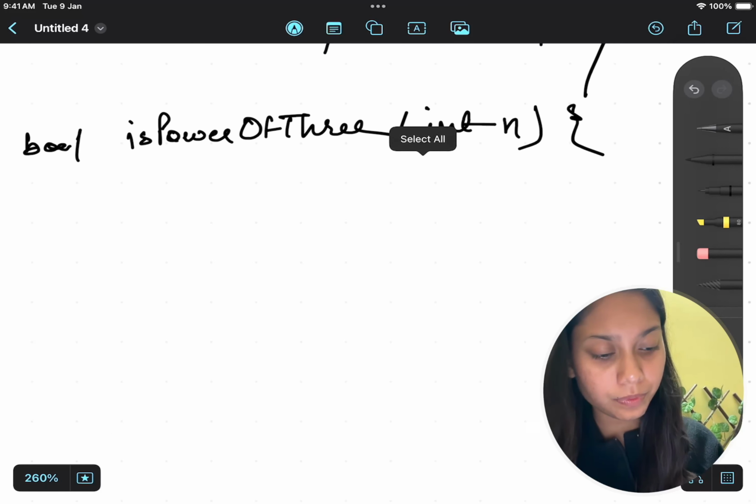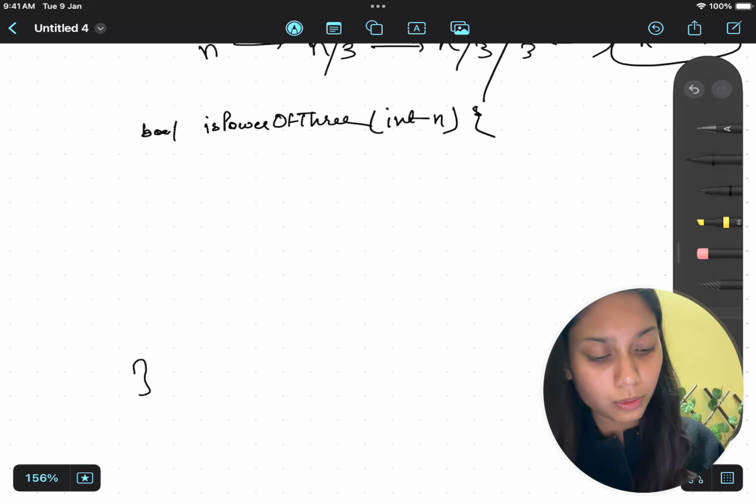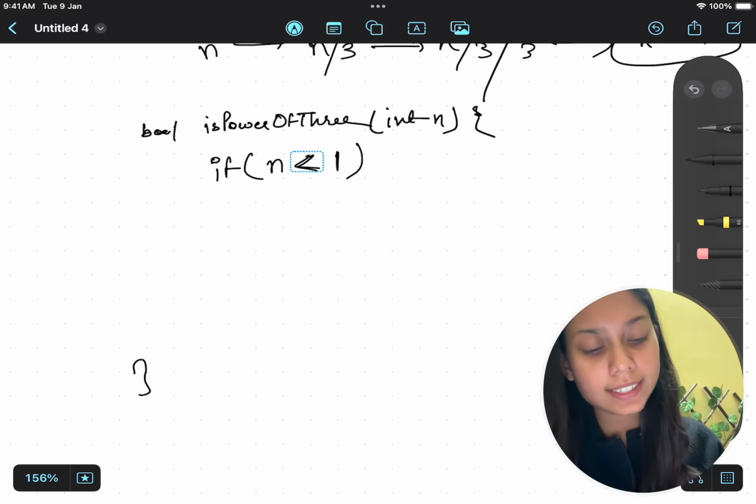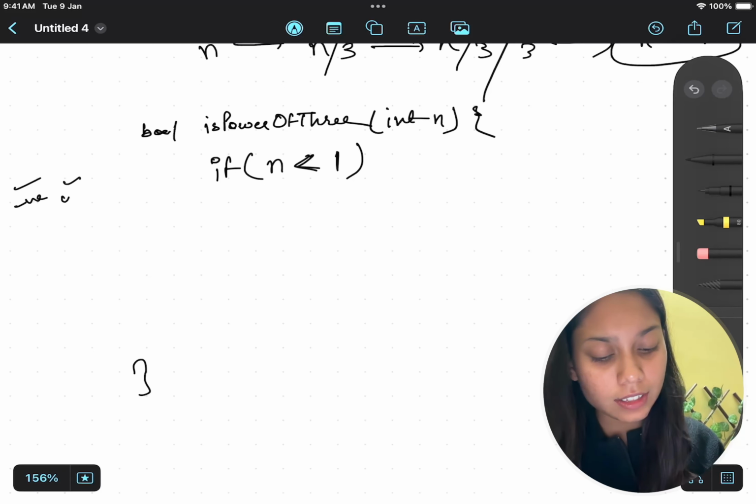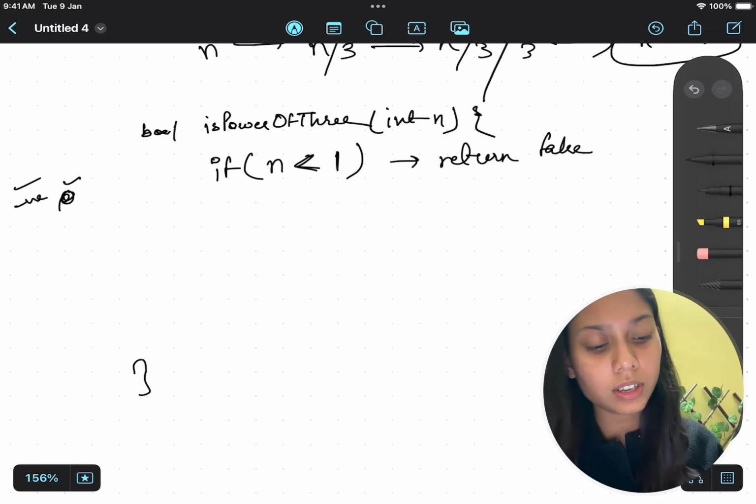First, for the negative condition, we are just going to check if n is less than 1, so that we can exclude both negative numbers and 0. Then we return false, because we cannot consider that value of n to be true.